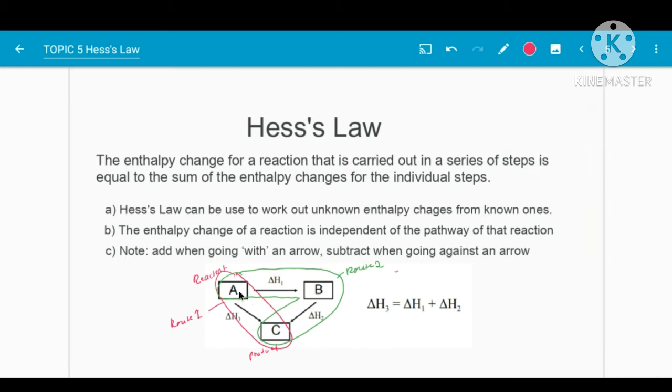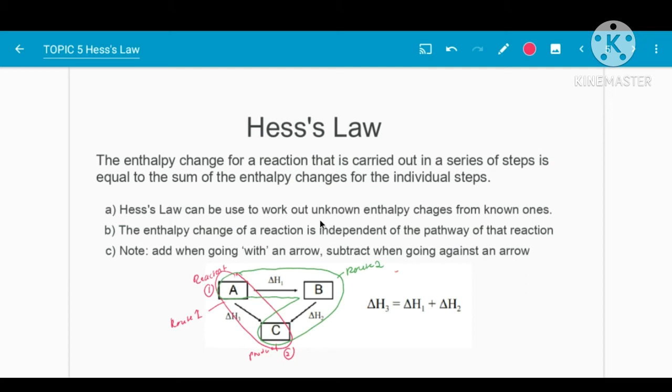How to identify route 1, route 2, route 3 and so on: make sure you identify the first reactant and the final product. Each route, or each series of chemical reactions, must start from the same reactant and end with the same product. So as I said before, ΔH3 is equal to ΔH1 plus ΔH2.